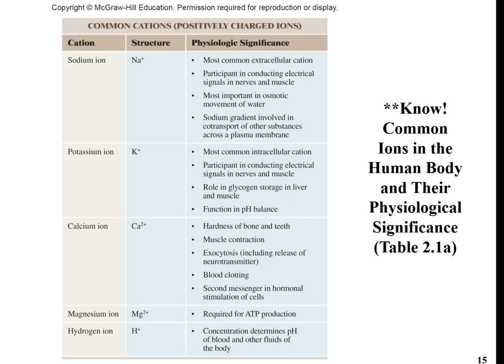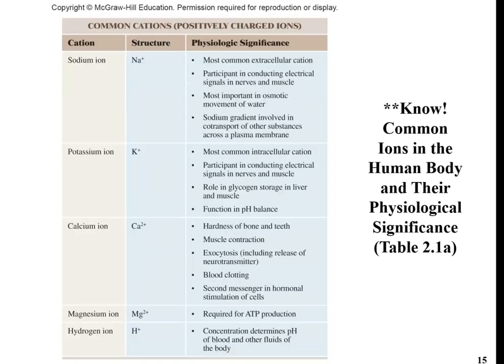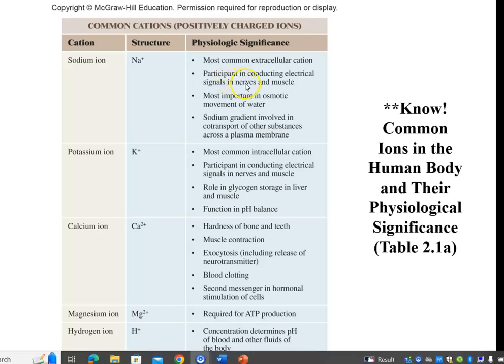All right, so this is a table of common ions. These 2 tables, this is cations, this is anions. Common ions found throughout the body and what the purpose of those ions are. So sodium, for example, the sodium ion, is the most common extracellular cation, and it, among other things, participates in conducting electrical signals in nerves and in the muscle.